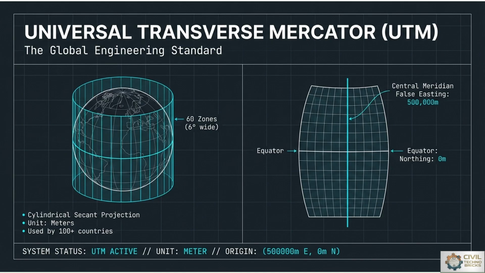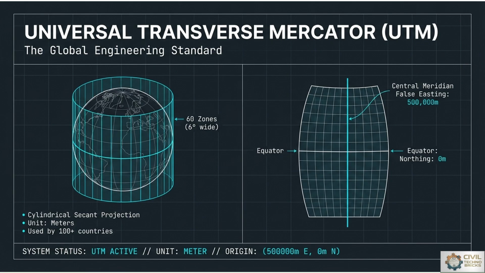Here is a cylindrical projection of the earth where 60 zones are there, each 6 degrees wide. The unit is meters, used by 100 plus countries. And another is the central equator, with northing and southing. The central meridian gives the false easting of 500 meters.